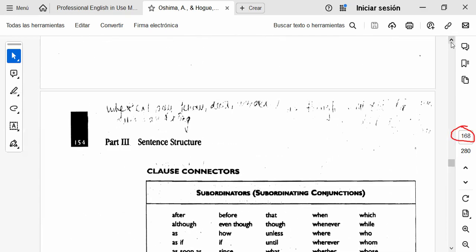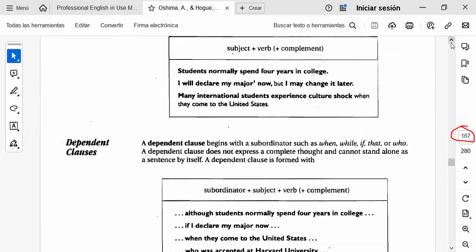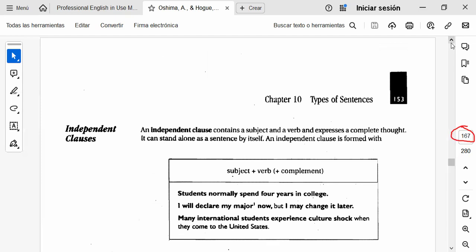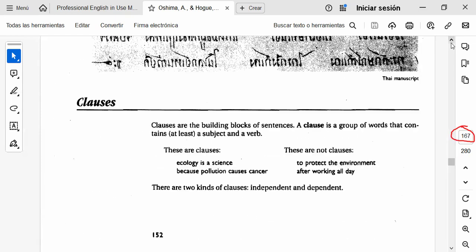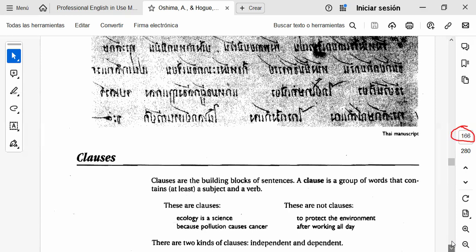Clause connectors, and here you have a list of the clause connectors, okay? Let's read. Okay. Entonces, what is a clause?